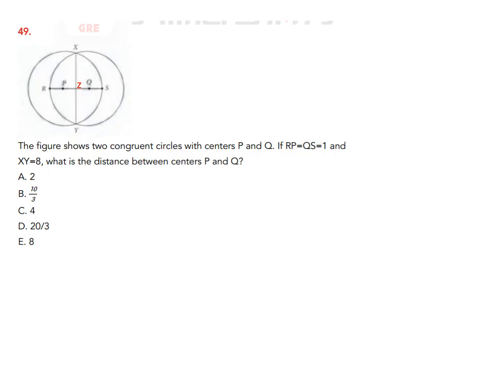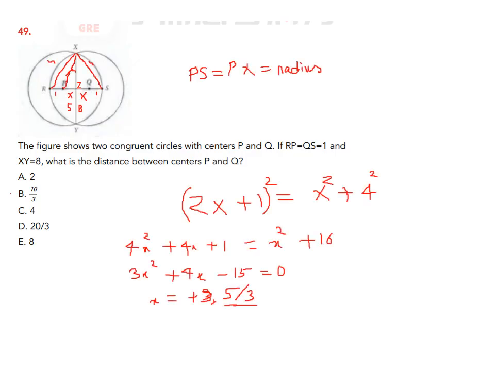So P and Q are the centers of the circles and we need to find out the distance. So PR equal to 1 and QS equal to 1. Let us consider that PQ equal to, P to the intersection is x and Q up to the intersection is x.